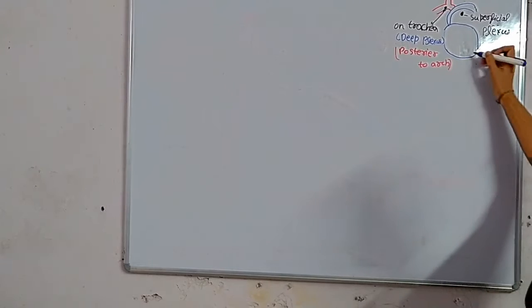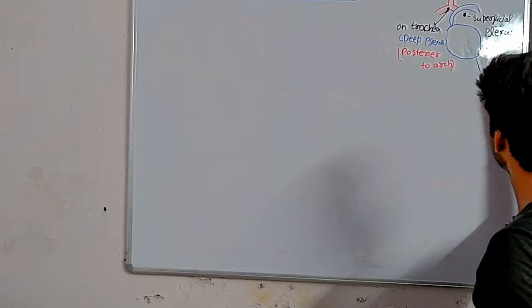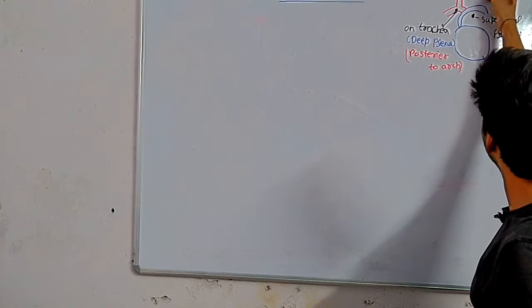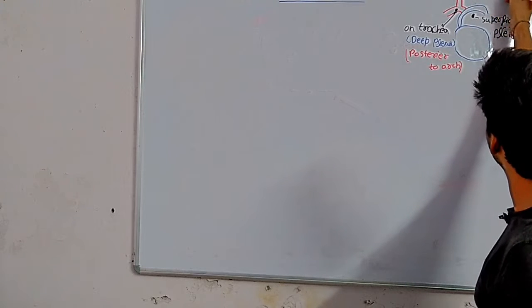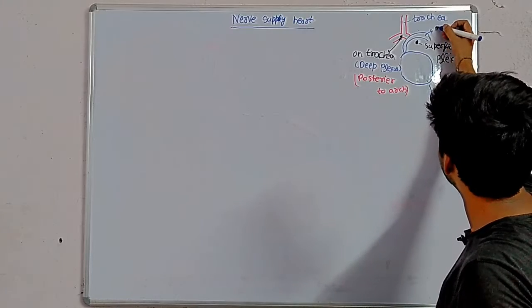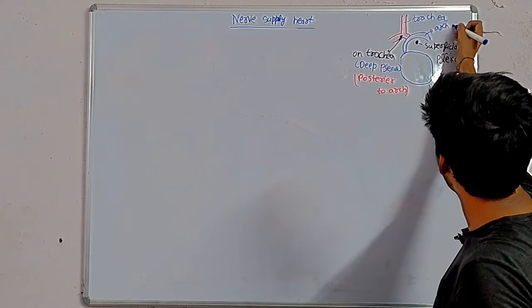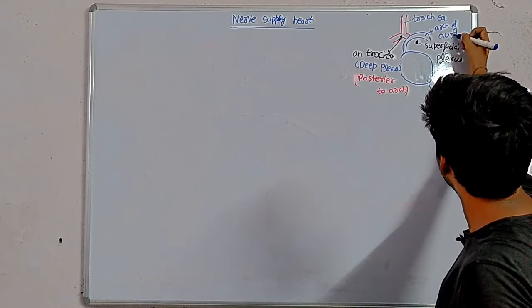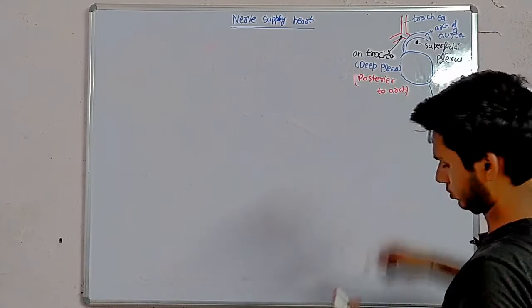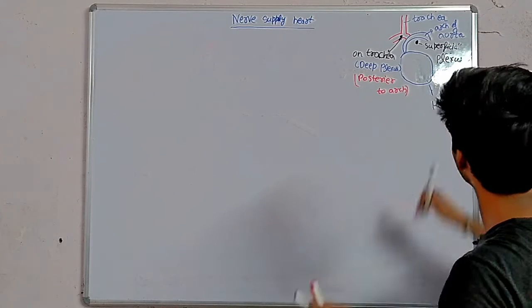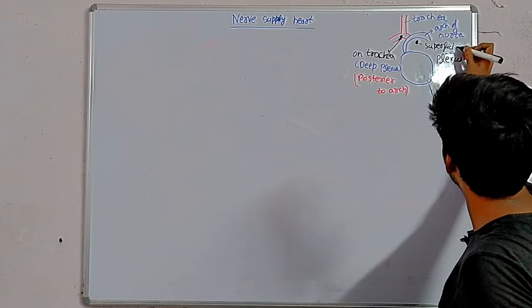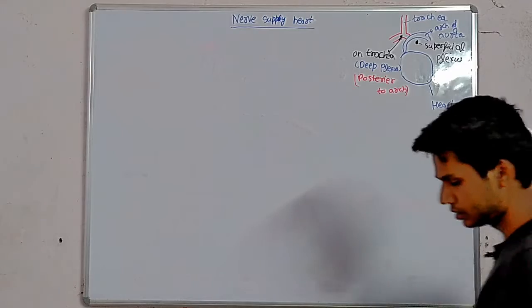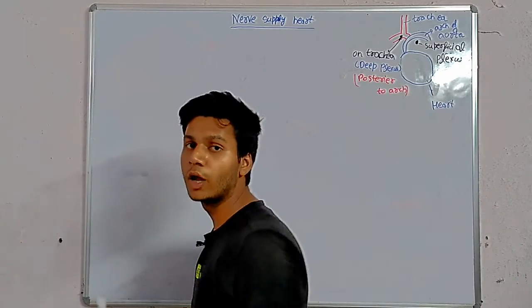This is the heart, this is the trachea, and this is the arch of aorta. So first we are drawing the two plexuses.